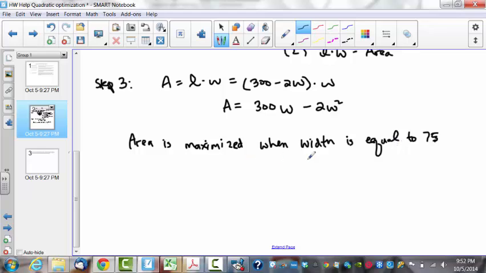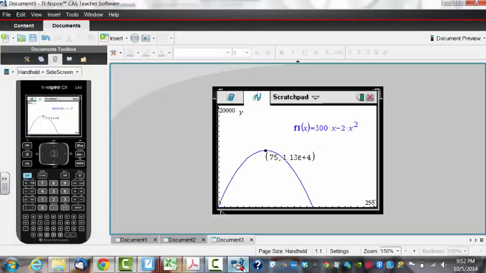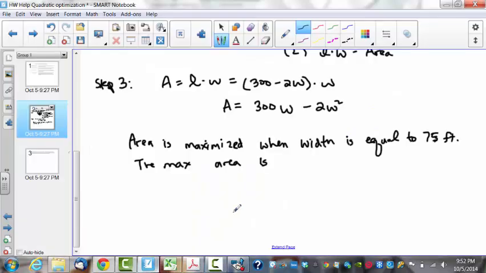Okay, so 75 feet. And the maximum area is 1.13 times 10 to the 4th, and we can actually calculate that as well with our equation.